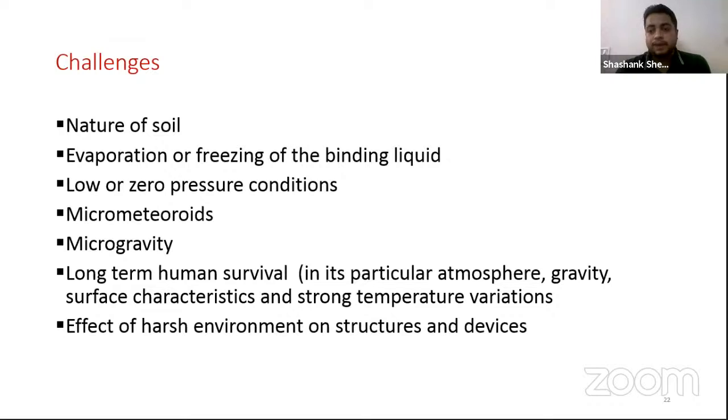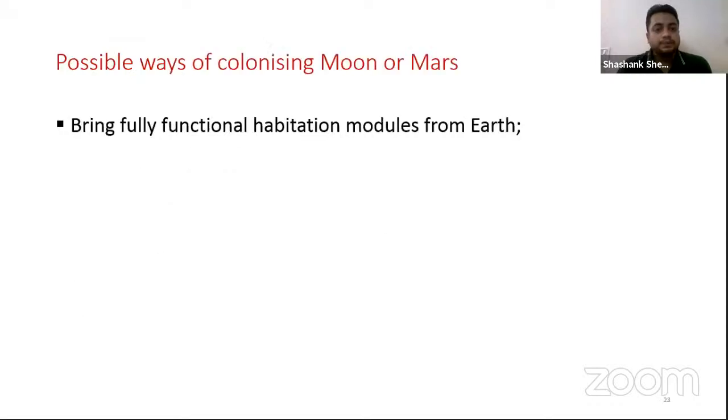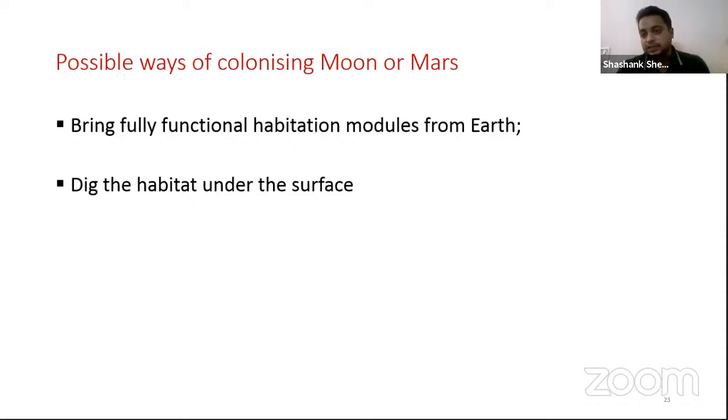If you want to develop habitats on these bodies, there have been some possible ways proposed, like bringing fully functional habitation modules. I think in coming talks we would be discussing this as well, like the modules which can be inflated and then used on space explorations. Or we can dig into the surface, create a cave, and then use those habitation modules in those caves, so that the cave could provide radiation shielding.